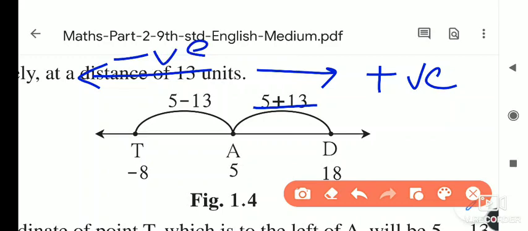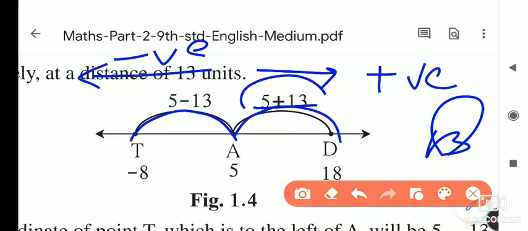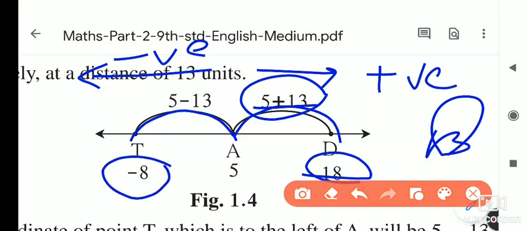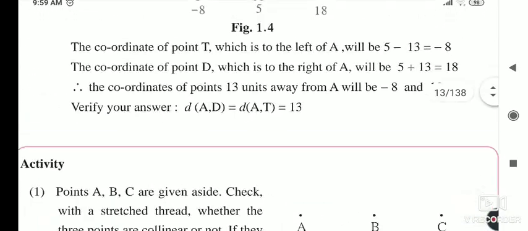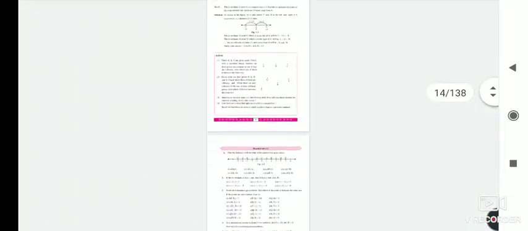So here it is 5 minus 13, and here it is 5 plus 13. As you know, 5 plus 13 is equal to 18, and 5 minus 13 is equal to 8, and we always give the sign of the bigger number, which is 13, and its sign is negative, so the answer is minus 8. In this way we have to solve this example.